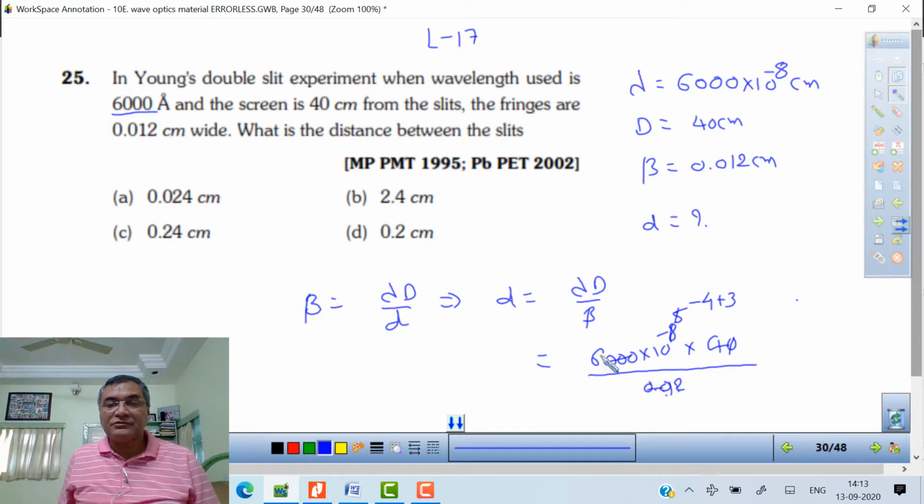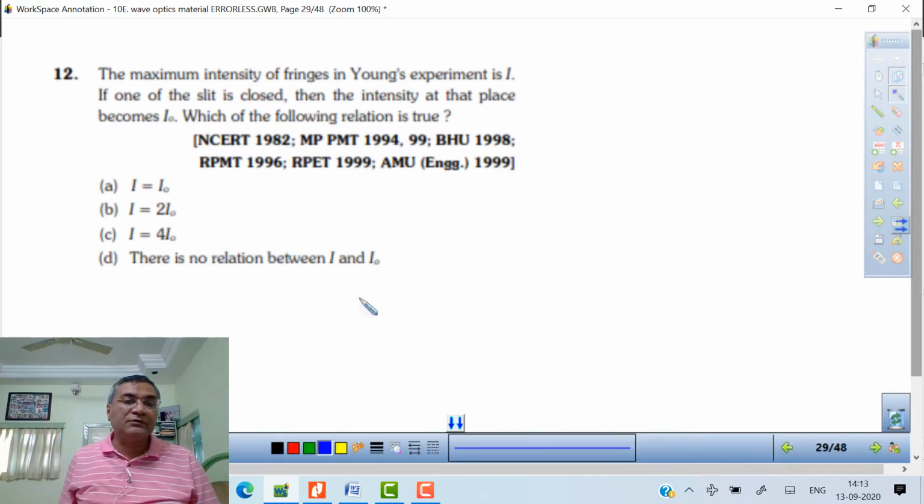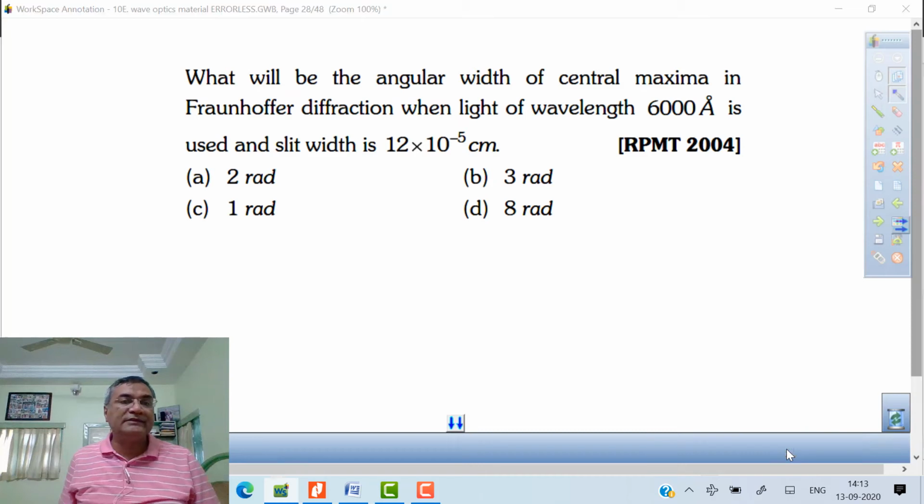Now it is 12, so 6 2s are 12, 2 2s are 4, so it is 2 into 10 raised to minus 1, so the answer is 0.2. So you can see that these calculations are not that lengthy.